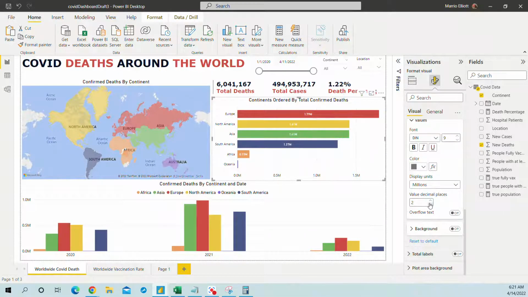So instead, let's go ahead and add three decimal places, and look at that. We got 1.41 million, 1.410 million, right? Not much of a difference, but we can now establish that with this visual, and it looks much cleaner because we can actually see it.